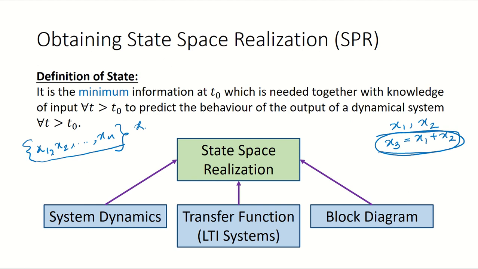So if there is an xn plus 1 which is independent of this n number of variables, it should also be included in this set. So we must include all possible independent internal variables within this set. Only then we will have a complete description. Otherwise we will have an incomplete description.